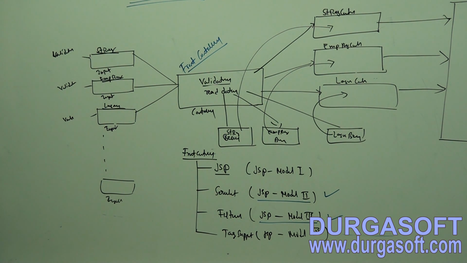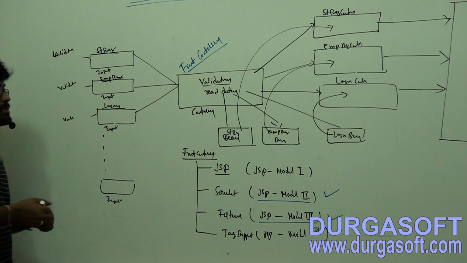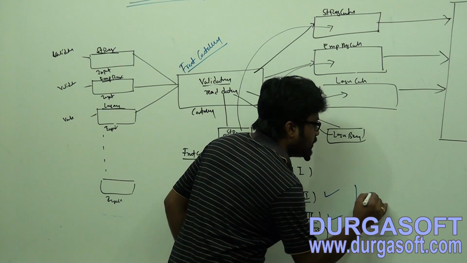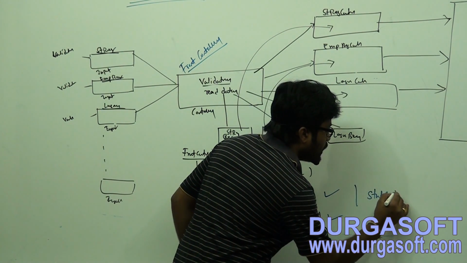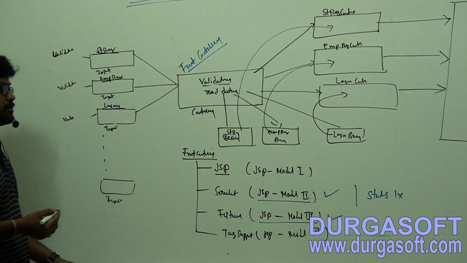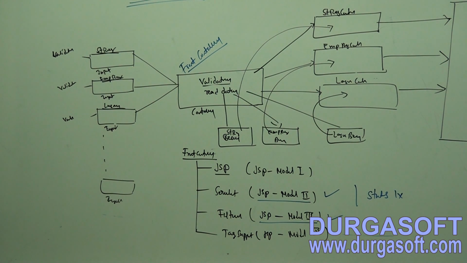By using JSP model 2 and JSP model 3 architectures, we have many frameworks. By using JSP model 2 architecture, the Apache people designed Struts 1.x. The Struts 1.x MVC framework is designed by using JSP model 2.